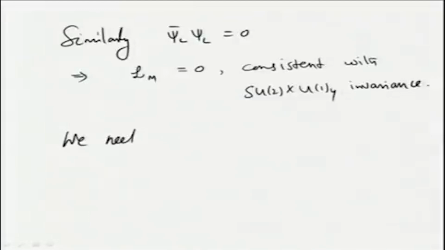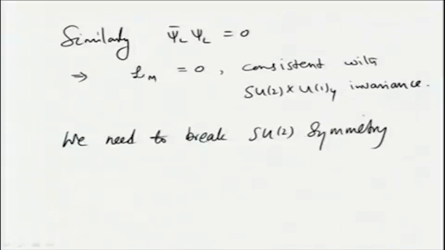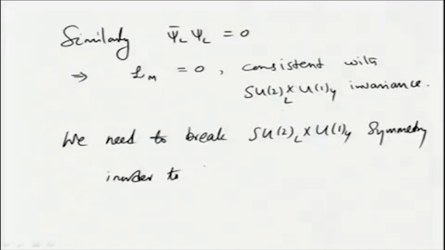We need to break SU2 symmetry or SU2 cross U1 symmetry in order to have a mass term for the Lagrangian. This is for the fermions.